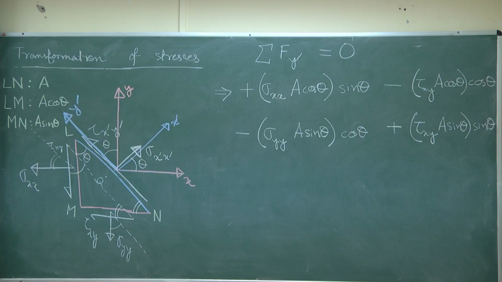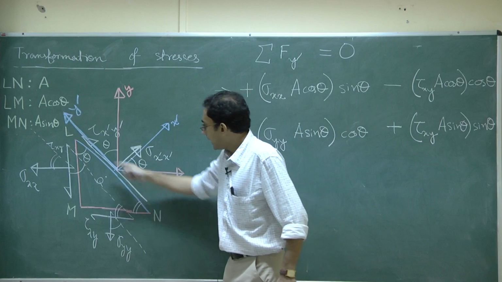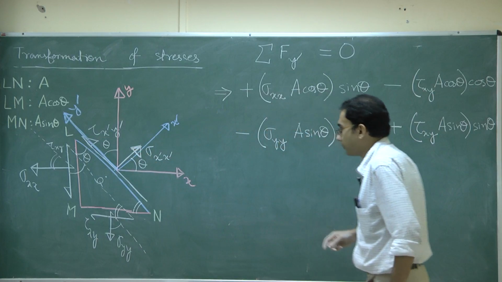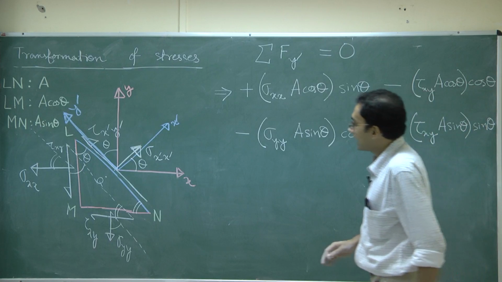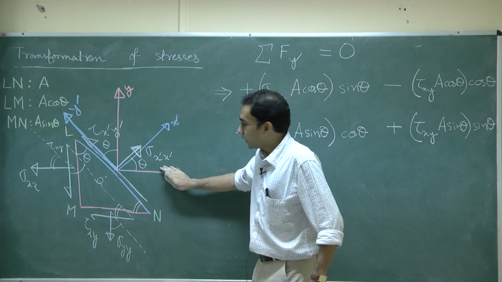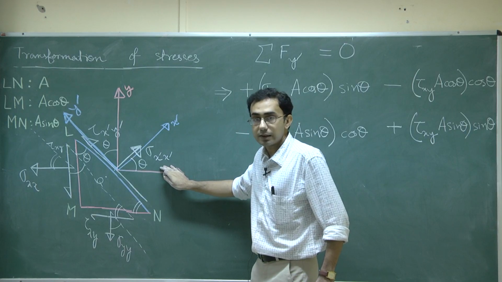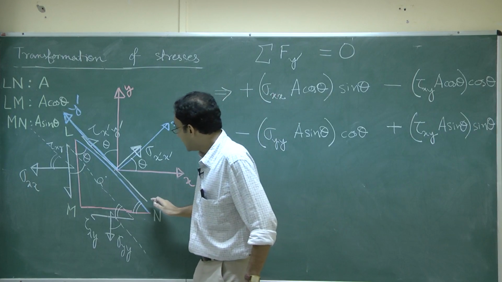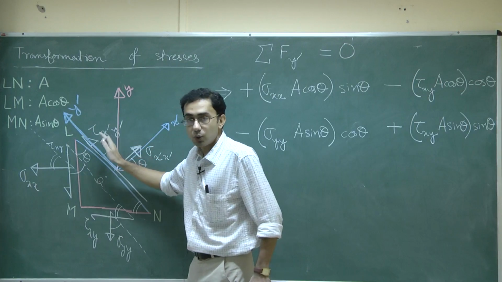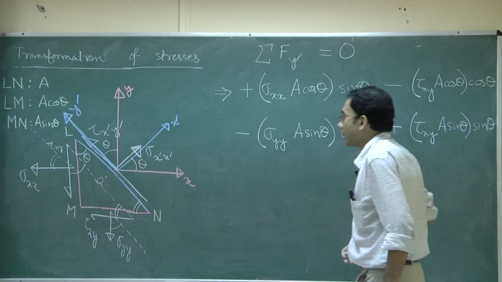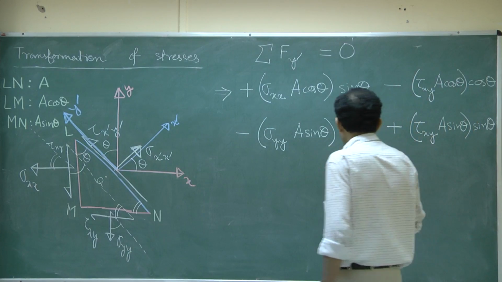And finally, just like before, I should not be forgetting my edge Ln, the face represented by Ln, and this time you note that there will be no force contribution due to the stress component sigma x dash x dash. The entire force along the y dash direction will be solely contributed by the tau x dash y dash, and that is very much along the positive direction.